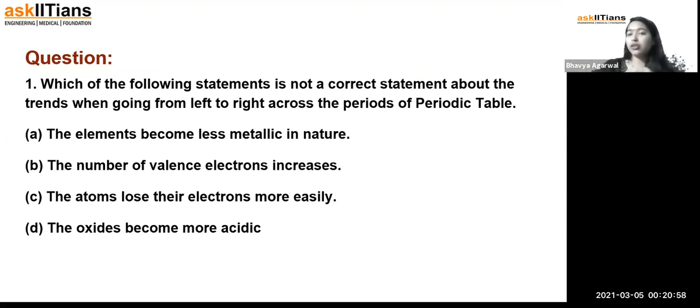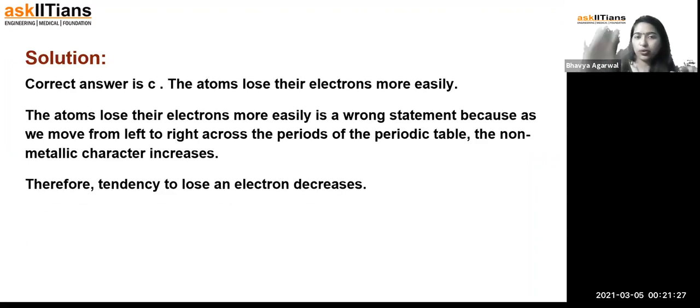As you go across the period, the number of valence electrons keeps on increasing. Not the valency, the number of valence electrons, right? Because the atomic number increases, so the number of electrons increases, and the number of shells remains the same. Next, the atoms lose their electrons more easily. No. Since I'm moving towards non-metallic character, how can they lose electrons easily? They can gain electrons more easily, right? So that would become your correct answer.